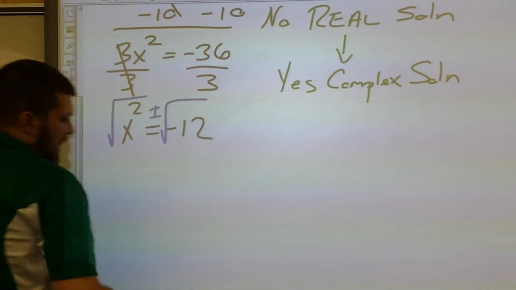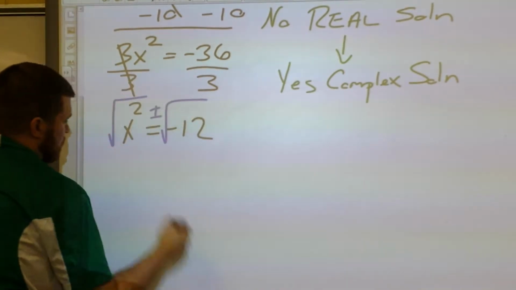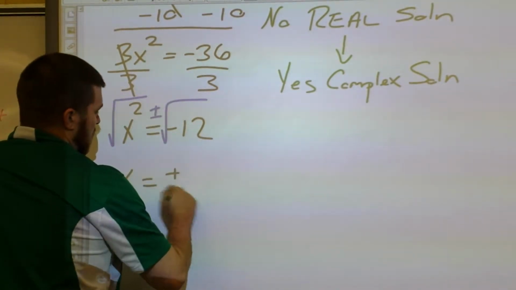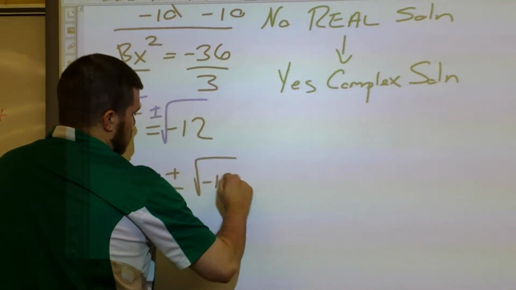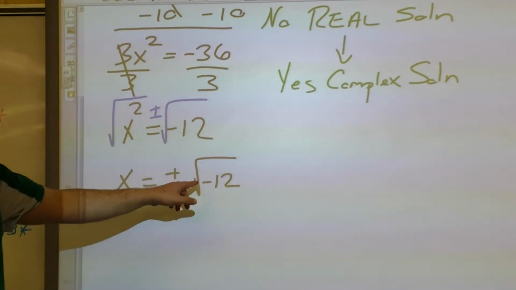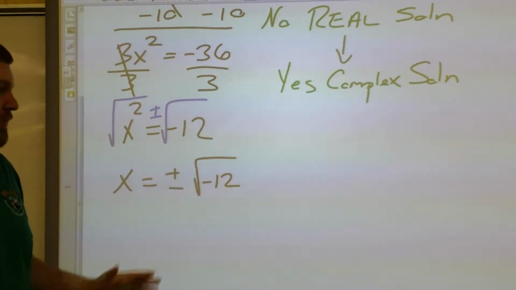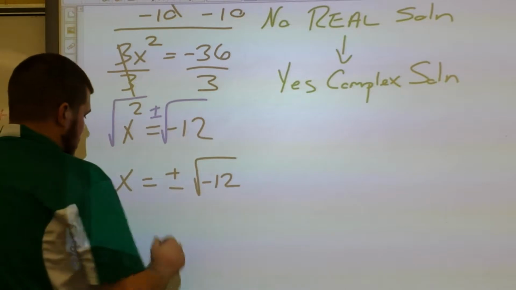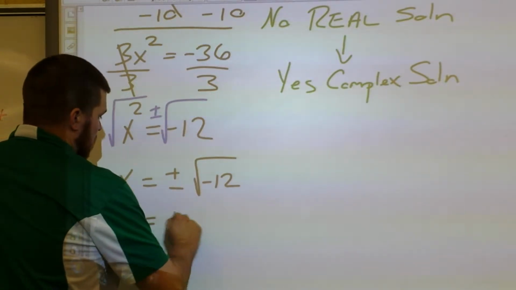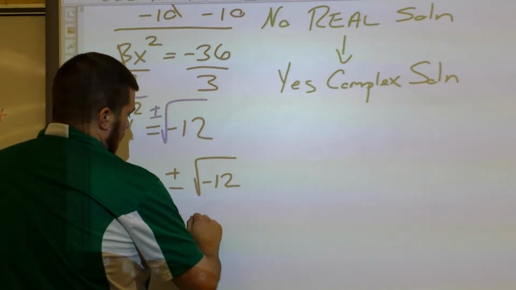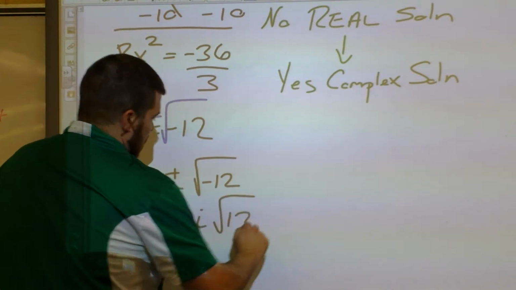Okay, so I have x equals plus or minus the square root of -12. Well, anytime I see a negative underneath the square root symbol, that means I'm automatically going to have an i. So x equals plus or minus i times the square root of 12.